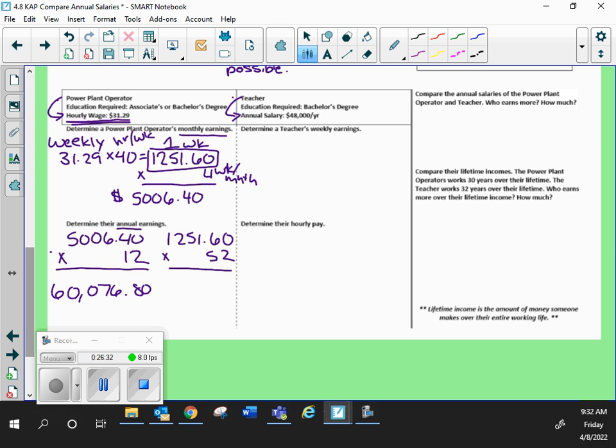That comes to $65,083.20. The reason this is more accurate is that when I only multiply by 12, because of those months where it isn't 4 weeks, you lose some of the calculation. This is a more accurate representation.